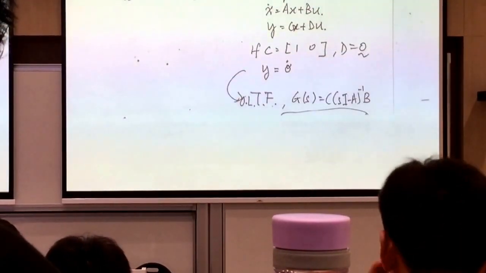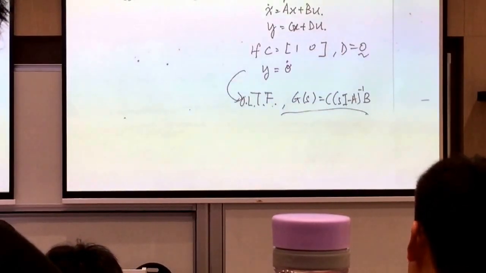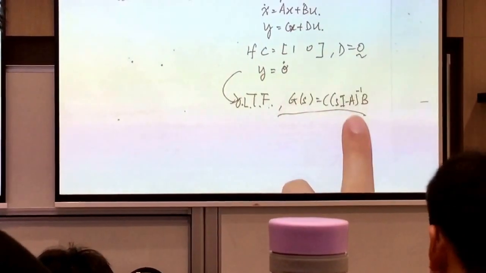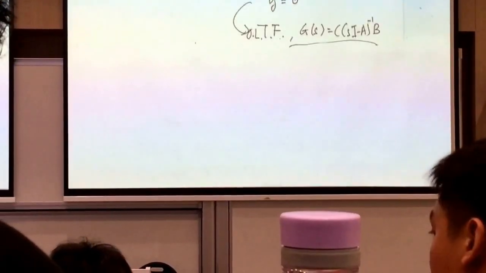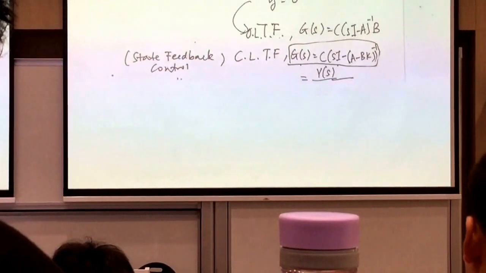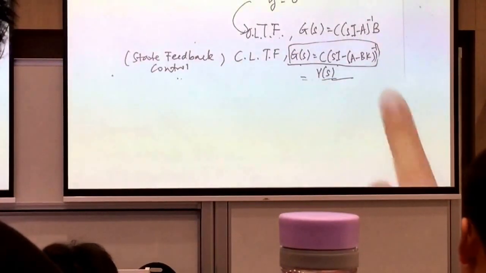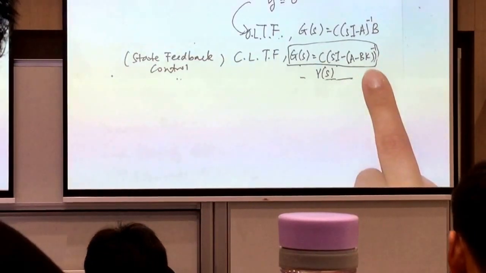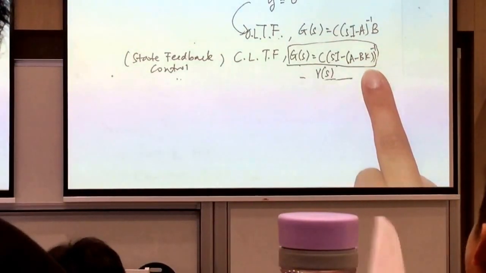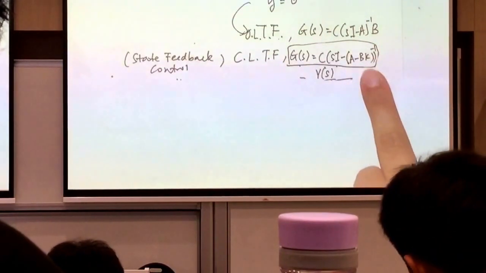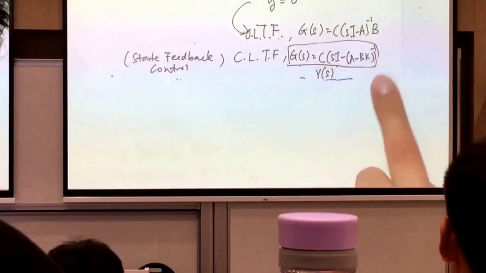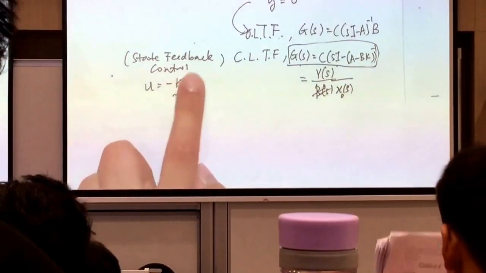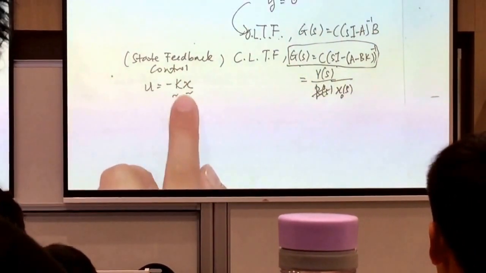And because of transfer function, you need to know how to derive this. G(s) is C (sI minus A) inverse B. I've gone through this many times. For closed loop transfer function, instead of A, we have A minus BK, and there's no extra B. Because for closed loop transfer function, for state feedback control, u is minus Kx.